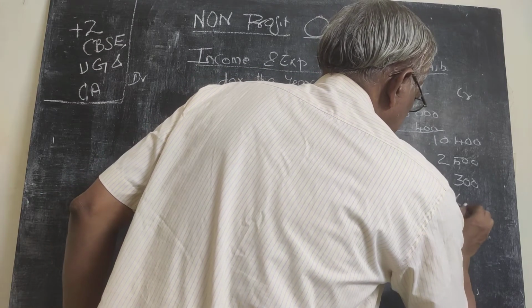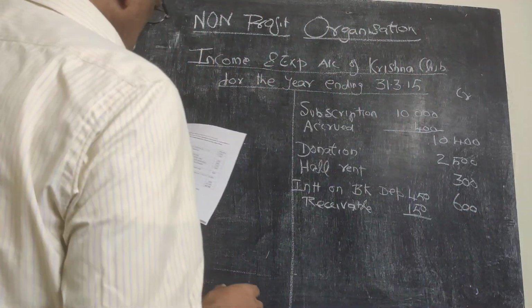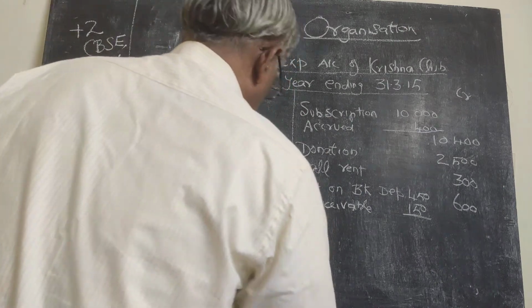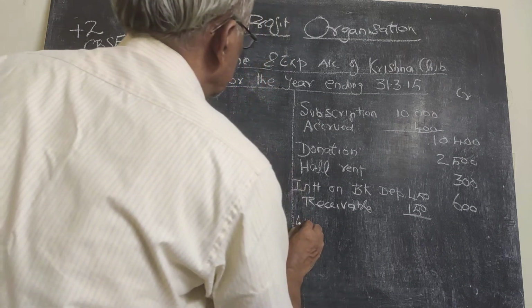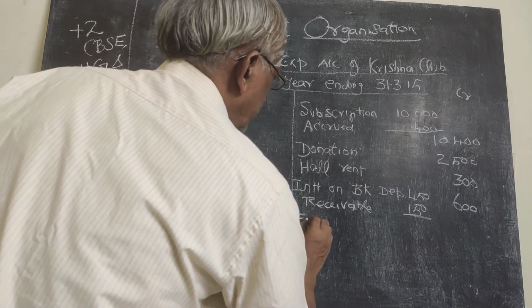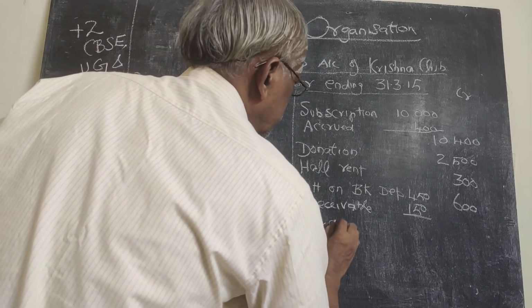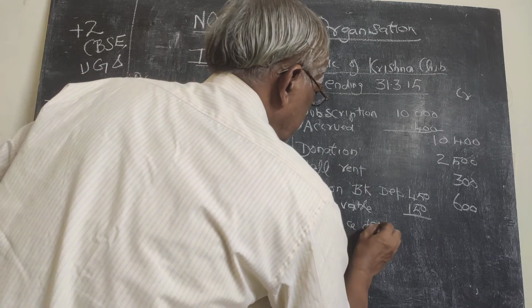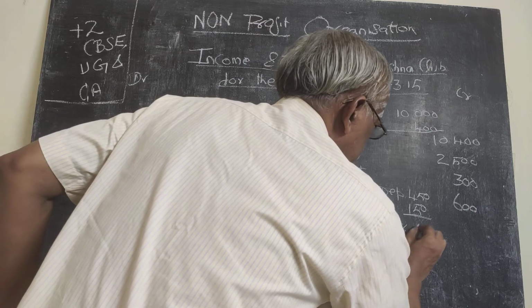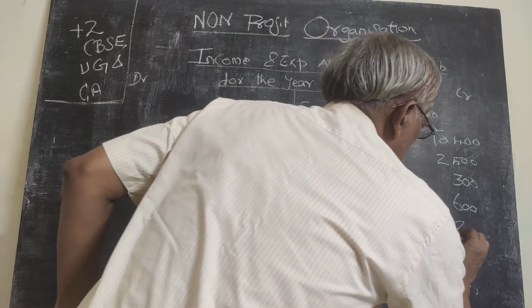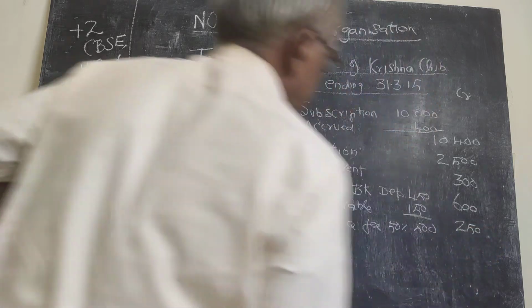Therefore, this is 600. Entrance fee: 50% is to be capitalized, so you take only 50% of entrance fee, 50% of 500, so 250 rupees.